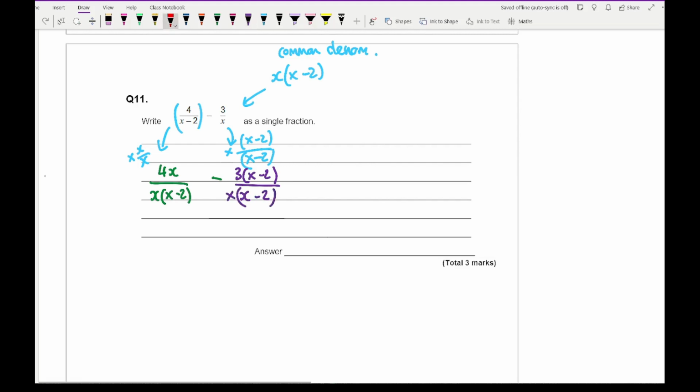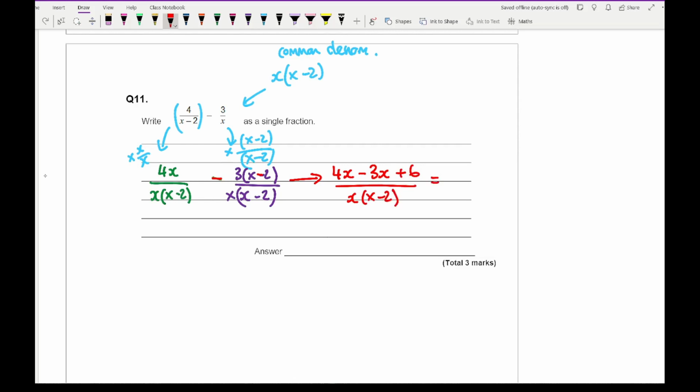So as the denominators are the same, I can join the numerators up. So I've got 4x minus 3x. Now just be careful, because I've got this minus here, minus and a minus, that's going to become minus 6, but then it's going to become plus 6 over x minus 2.